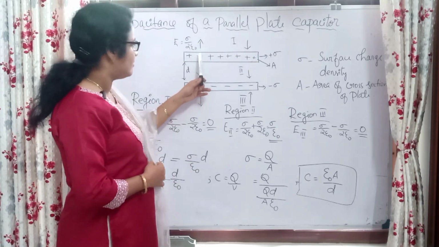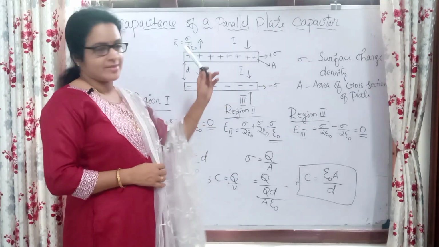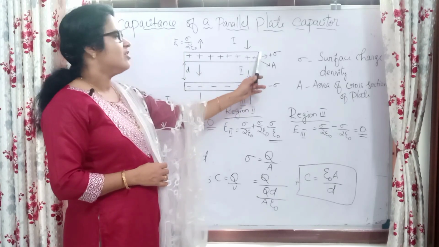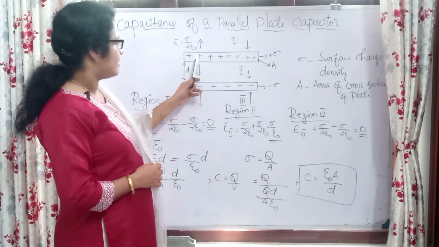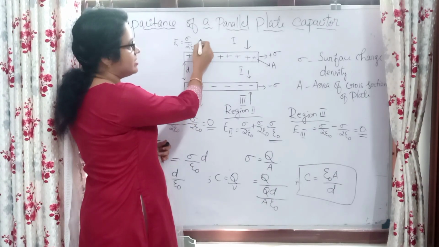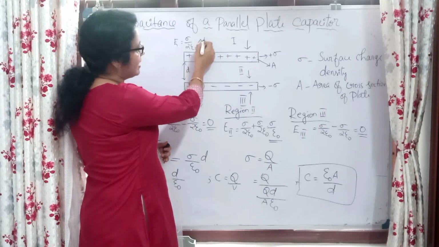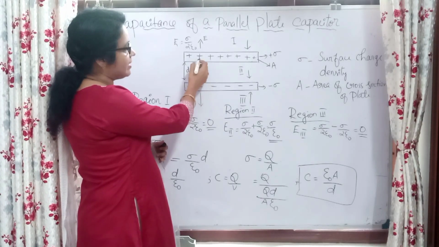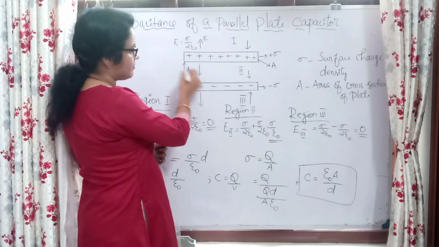So here, first of all, due to the positive charges in this plate, what will be the direction of the electric field? We know that this is a positive charge, so the direction will be away from it. Here, can you see? This is away from it, so this will be the electric field. Clear? And in this region, what will happen? This is also a positive charge, so the field will be away from it.